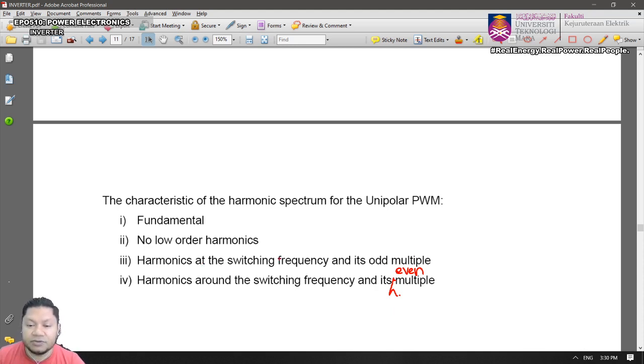Harmonics at the switching frequency and its odd multiple. So that's why you see the component at 1 kilohertz, and then 3 kilohertz, 5 kilohertz, and the rest, isn't it? But there is no harmonics at 2 kilohertz, 4 kilohertz. Right? So that is the characteristic of the harmonics.